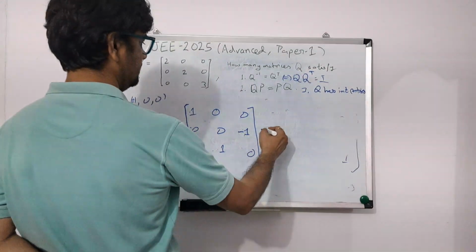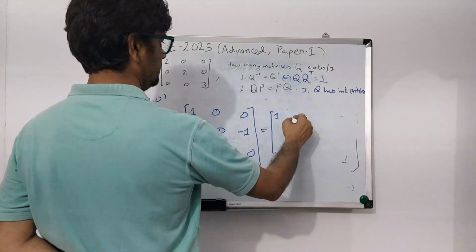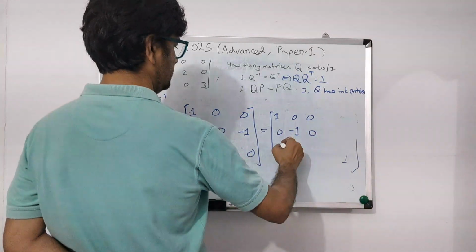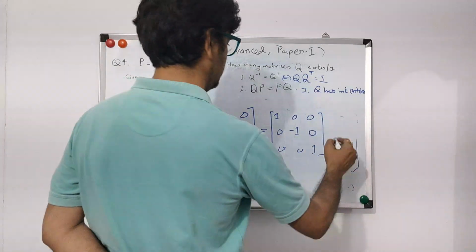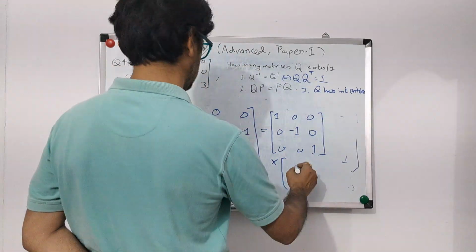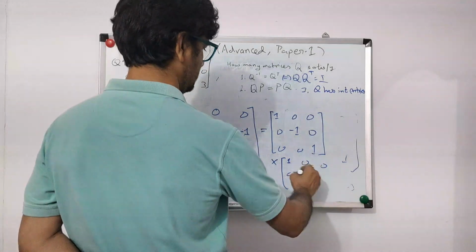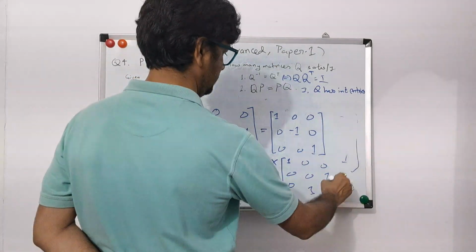Then we can write this as 1 0 0, 0 minus 1 0, 0 0 1 times 1 0 0, 0 0 1, 0 1 0.